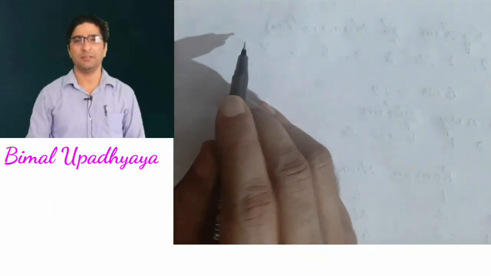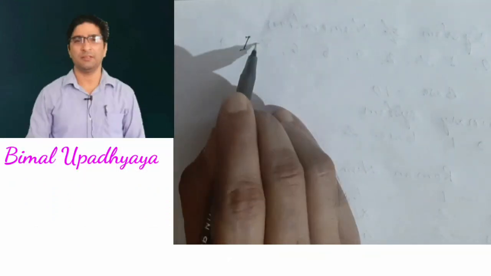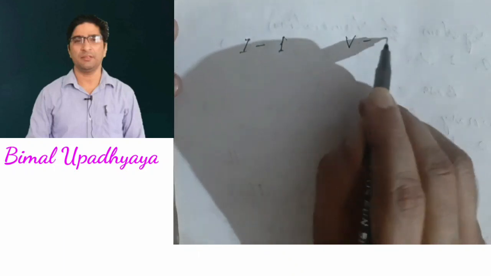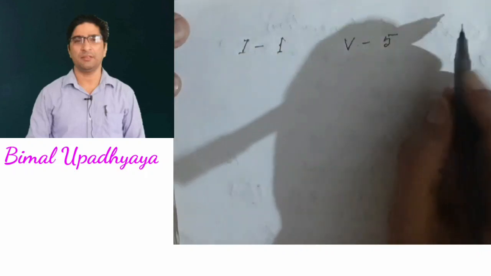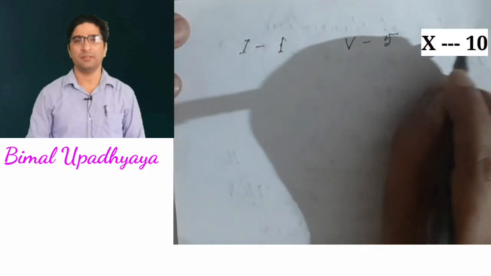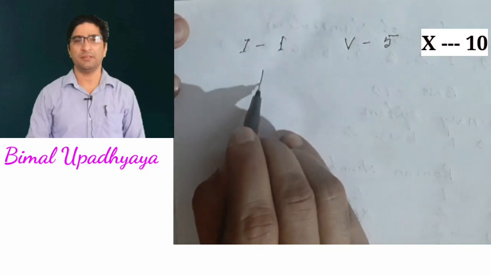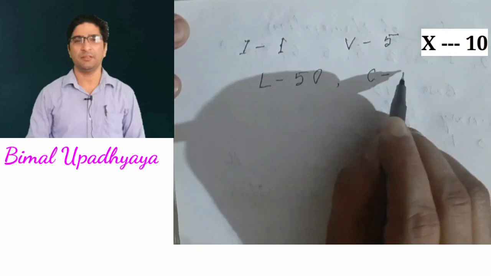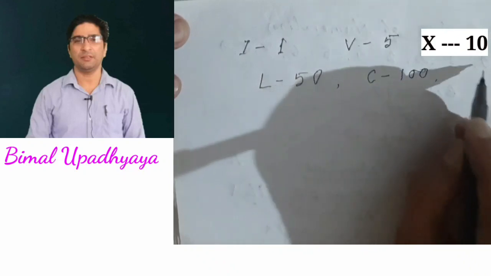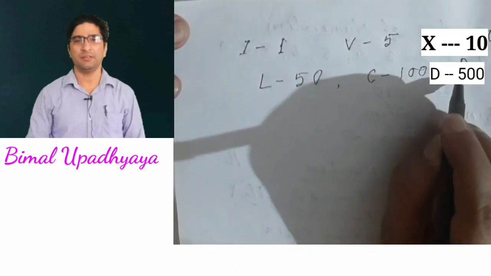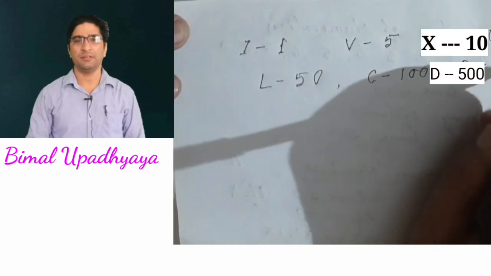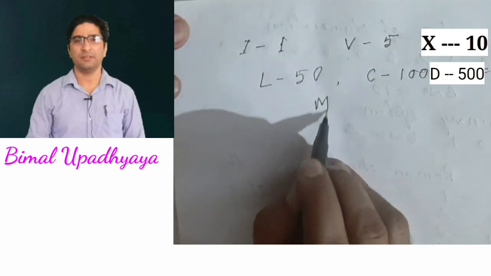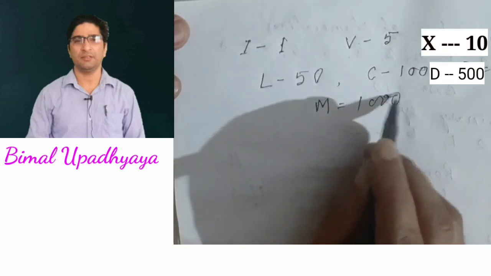So here we have the letters. I is 1, V is 5, X is 10, L is 50, C is 100, D is 500 and M is 1000.